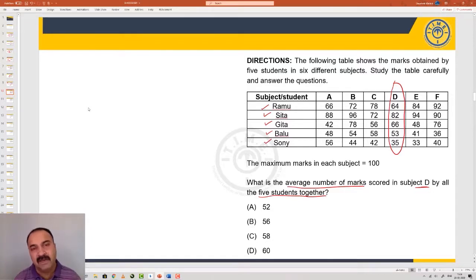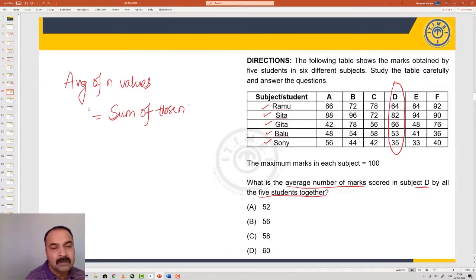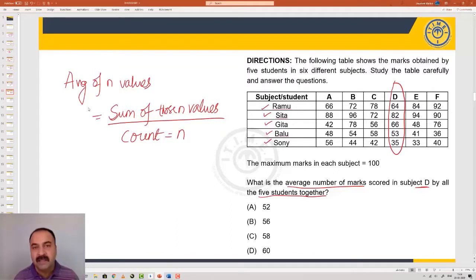Average of any number of entities is nothing else but sum of the values of the entities divided by the number of entities. So technically, average of n items, or let's say values, it can be ages, it can be salaries, it can be score, average of n values is equal to the sum of those n values divided by the count, which is equal to n, because there were n things being added.